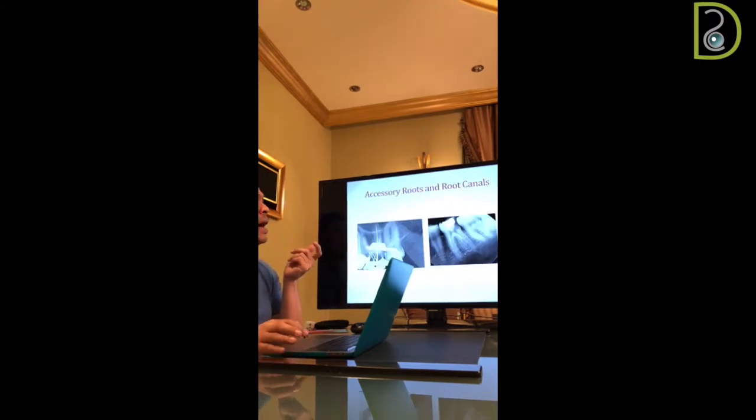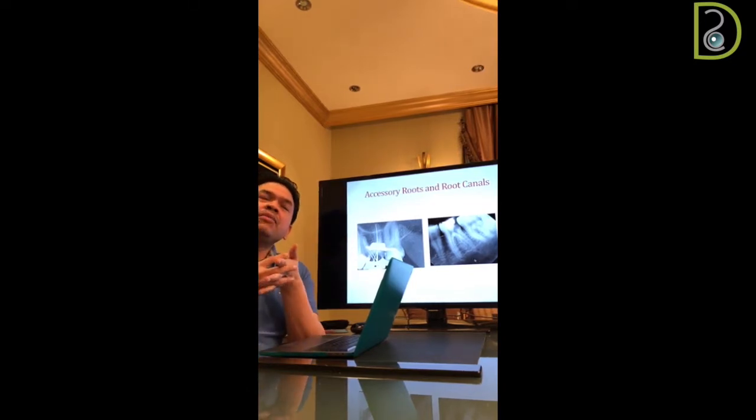Even for upper 6 or lower molars, we see here that we have MB2. Here we have what we call radix intermolaris or radix paramolaris. That means we have an extra root. If the extra root is located buccally, it's paramolaris.